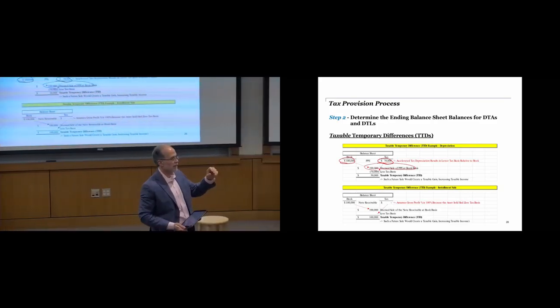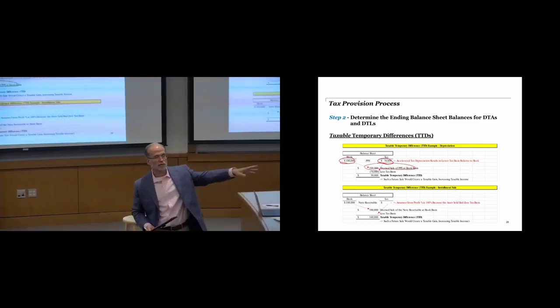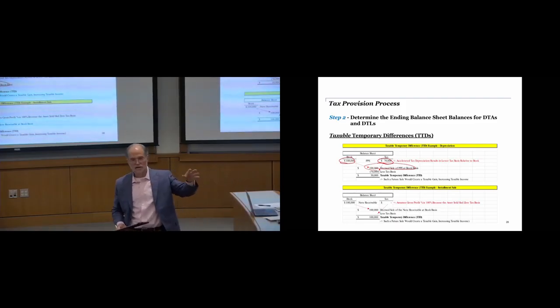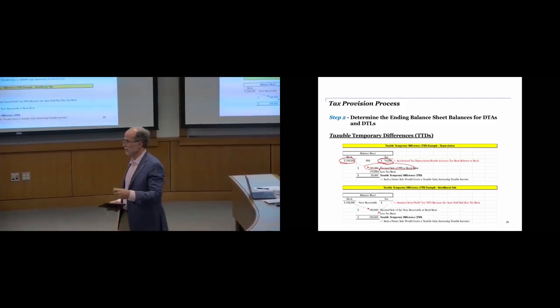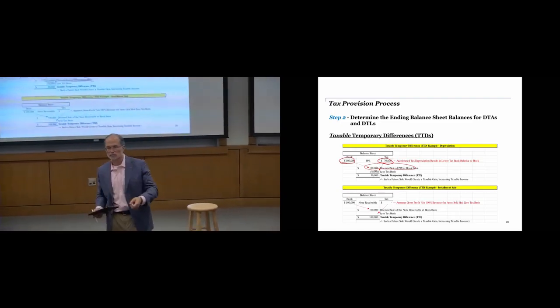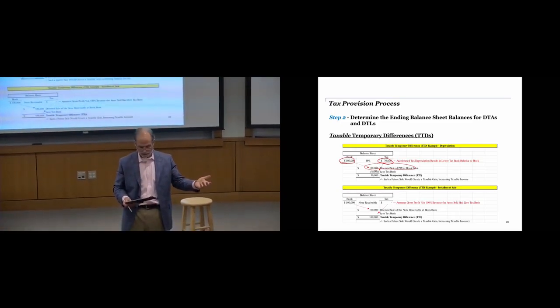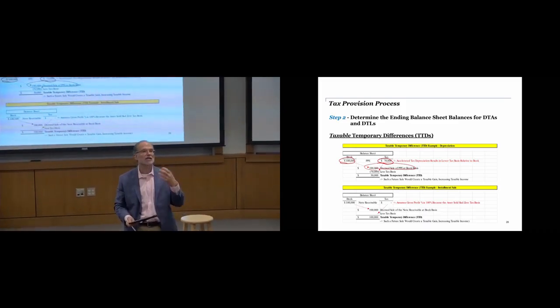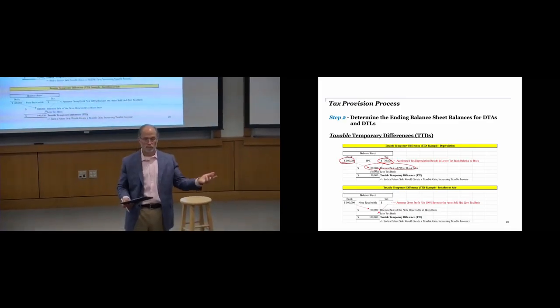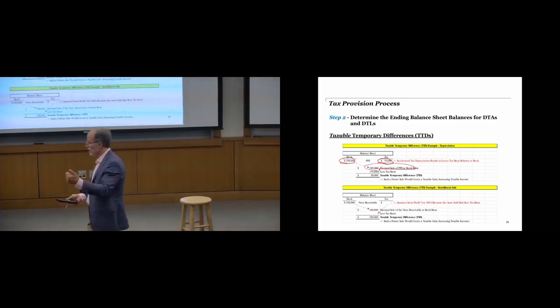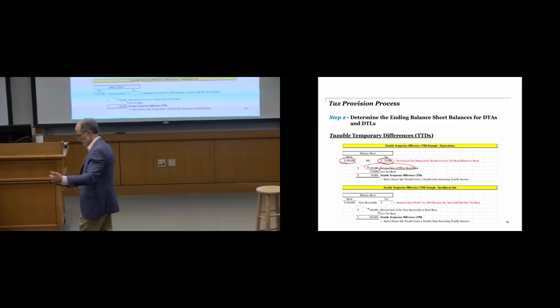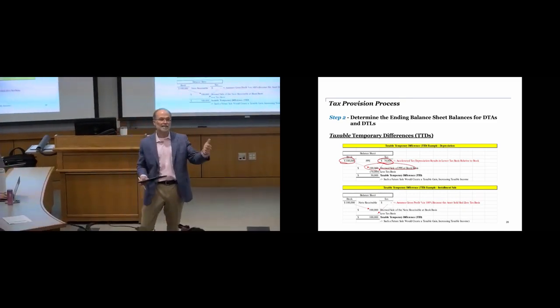The accounting literature just deems you to sell it for book. Book is 100; you get that number from your accounting colleagues. You know what the tax basis is, and you do your normal gain calculation. I have a $30,000 gain. I got more than what I had as basis. That's a $30,000 taxable temporary difference. That would give rise to a DTL.